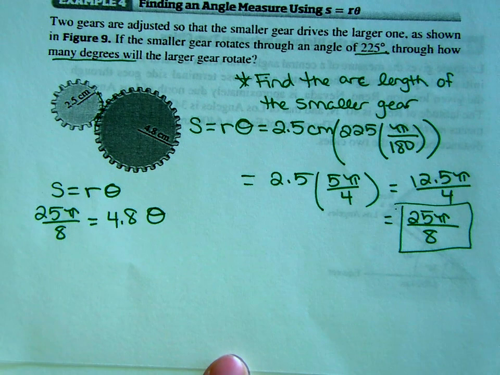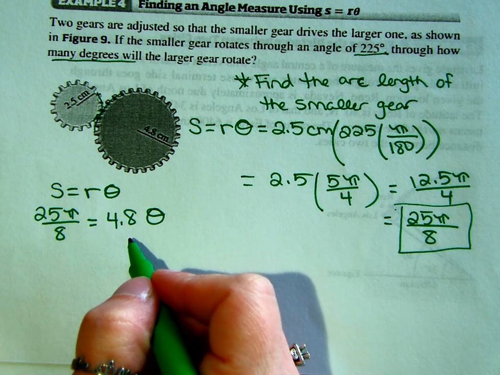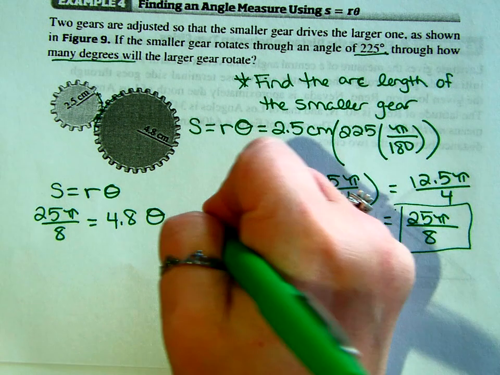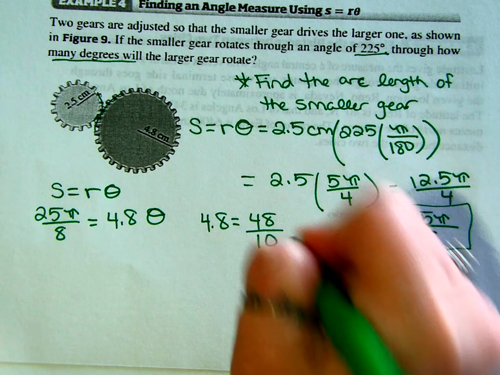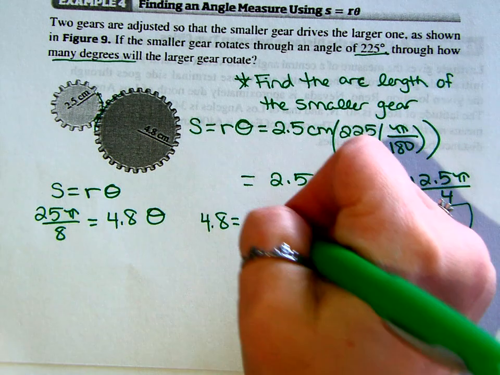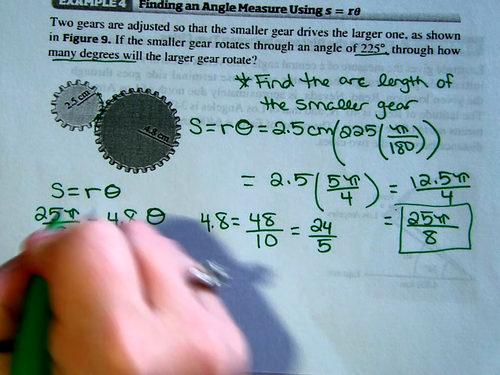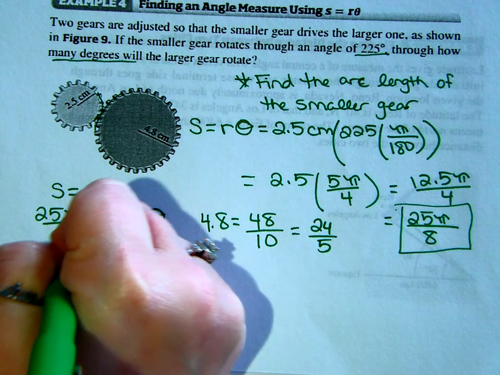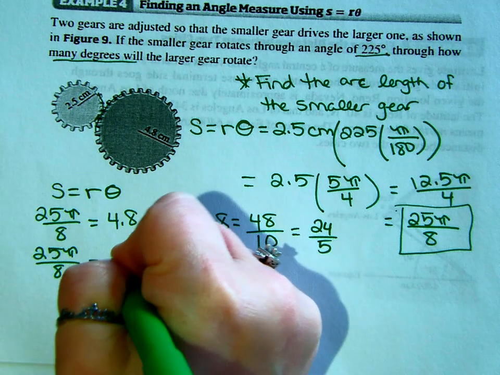So at this step right here, I have a fraction set equal to a decimal. I don't like that, so I'm going to convert my decimal into a fraction. And then I'm going to take it one step further and simplify that down to 24/5. That way I have 25 pi over 8 equals 24/5 theta.